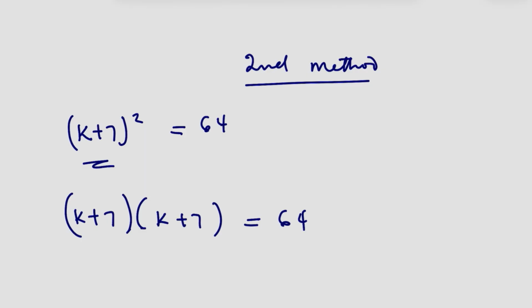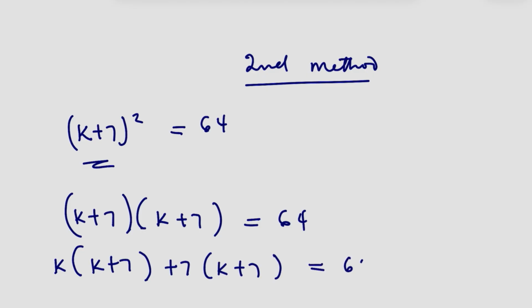Now I have solved this method in an earlier video. You may watch from the link that just pops up. So let us multiply this left hand bracket. I'm going to have k into (k + 7) and 7 into (k + 7).